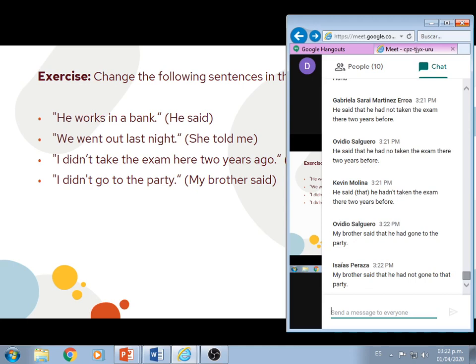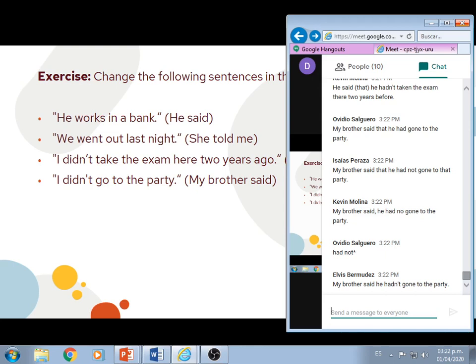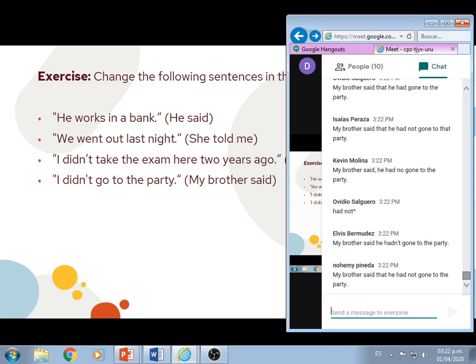Okay. Ovidio, my brother said that he hadn't, that is in negative form. Ovidio, that he had gone to the party. He said, yes, my brother said that, yeah, you can. Okay, that he had not gone to that party. Well, to the party. It would be okay if you say to the party.